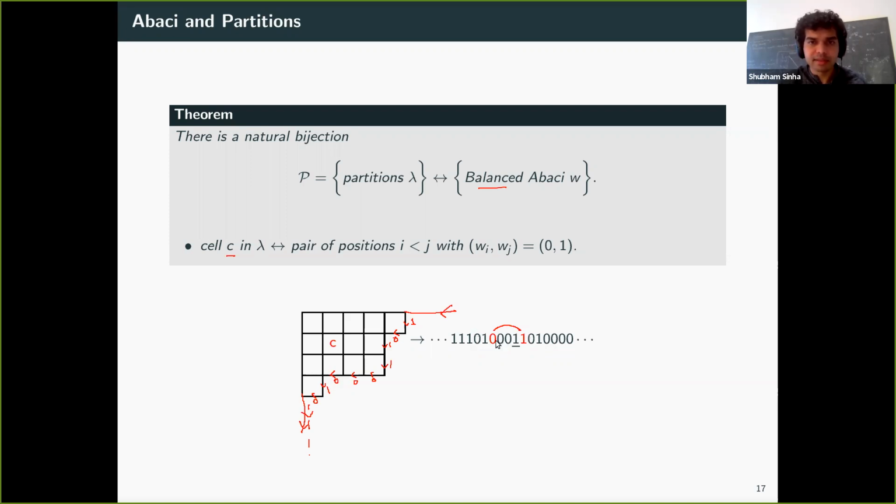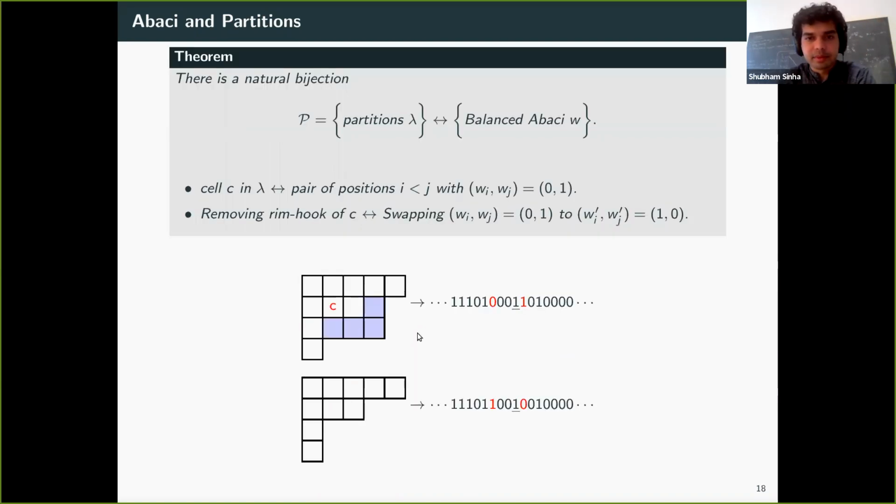So in this case, the rim hook, or the cell corresponding to C, is given by this pair 0, 1. And now notice that removing a rim hook, the hook length is given by the distance between those, because it's the path from one corner to the other, which is described here.